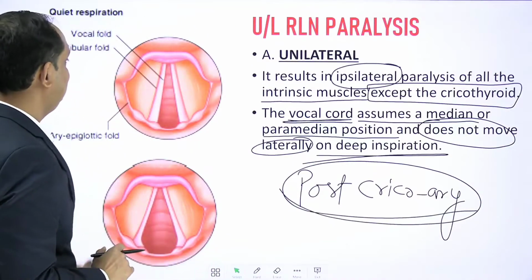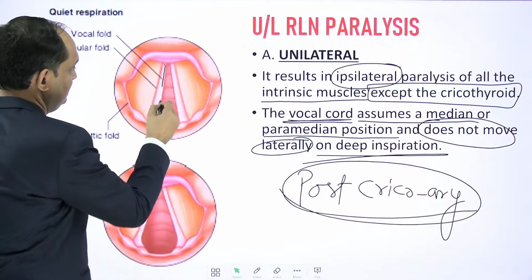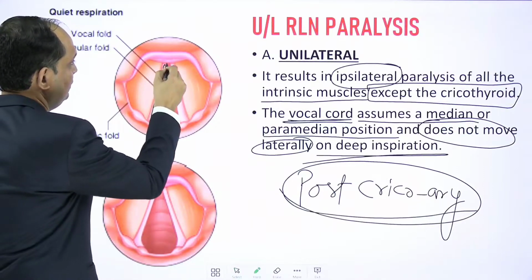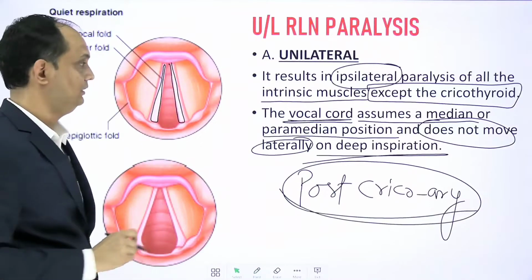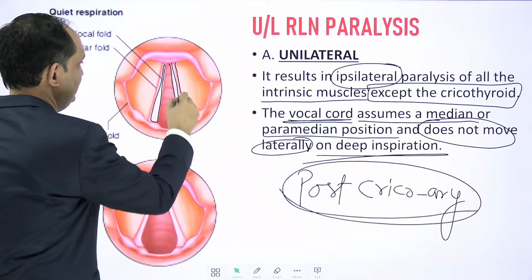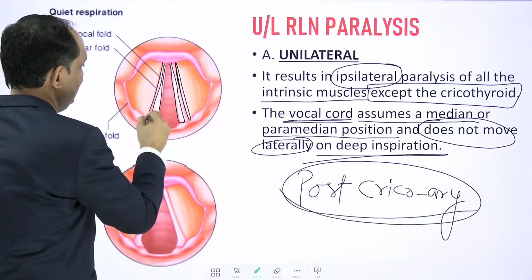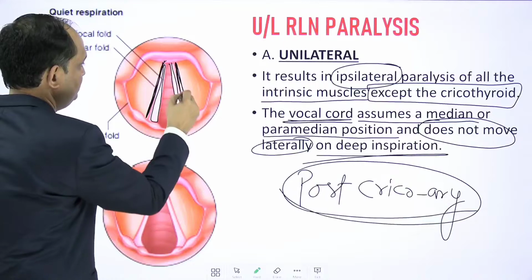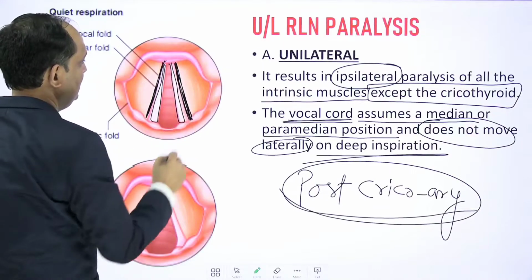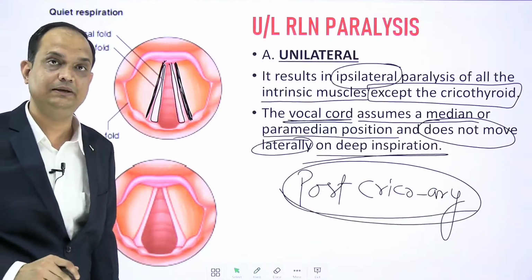So here you can see this white color, which is the normal color of the vocal cord. This is the normal position of the vocal cord, and these are the vestibular folds. So we know that the vestibular folds are placed laterally and the vocal folds are placed lower, inferior to them and medially.